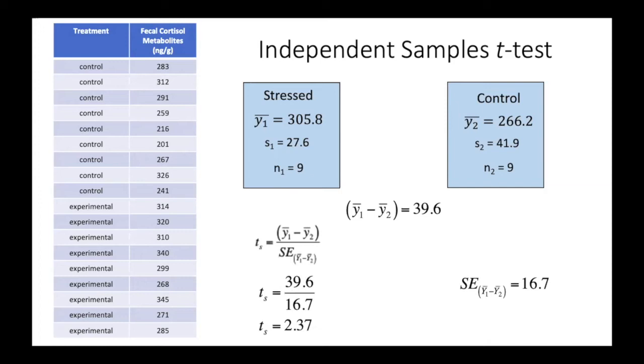So we can use this standard error then to calculate our test statistic as 2.37. The difference between the two sample means was equal to 2.37 standard errors.